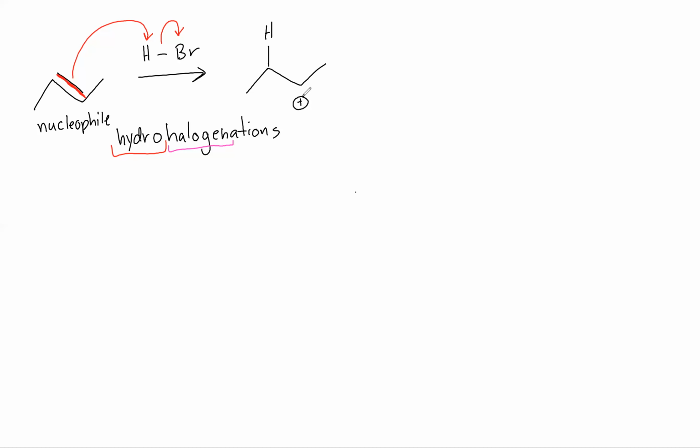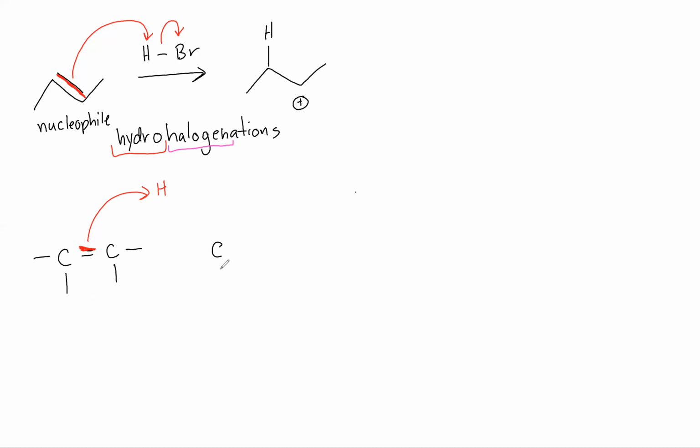And this may not be as clear just looking at the line angle structure, so let's quickly dive into the Lewis structure for this. If we look at the general Lewis structure for a carbon-carbon double bond, we can see that each carbon has 4 bonds total, and 2 of those bonds are taken up by that double bond. If one of these bonds, 2 of those electrons, goes out and grabs a hydrogen, that means that bond is going to break.